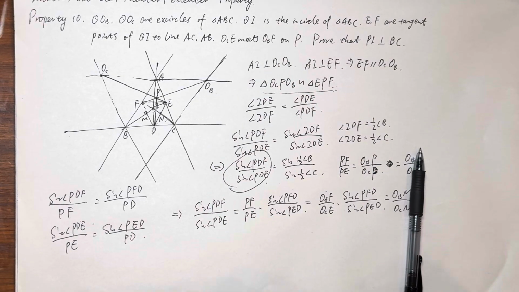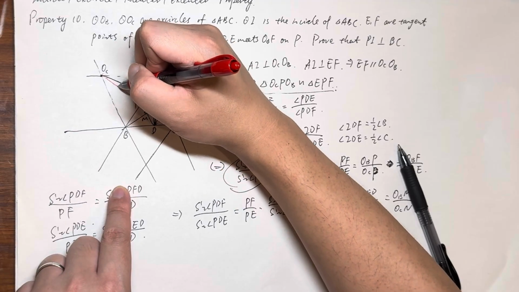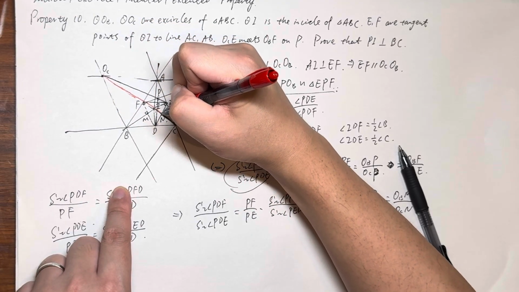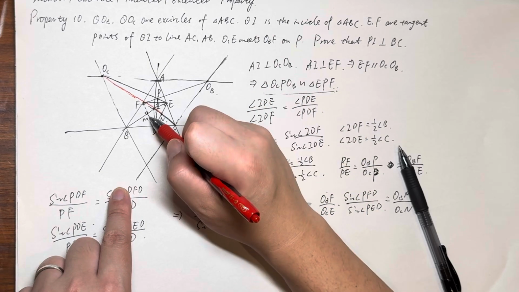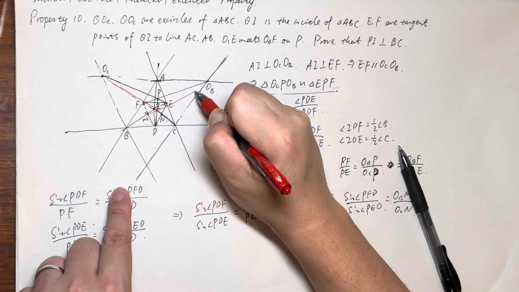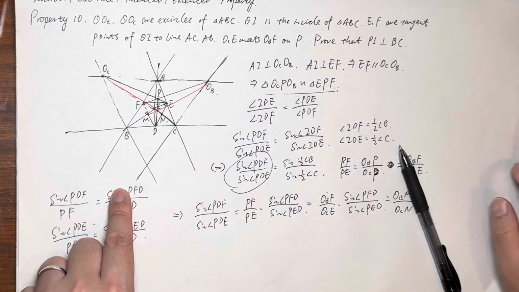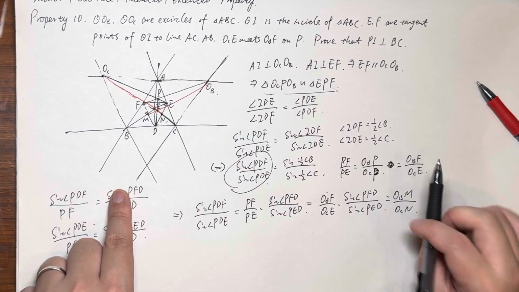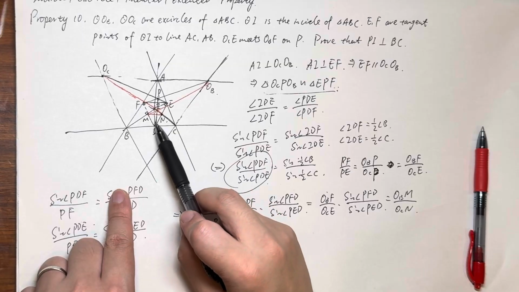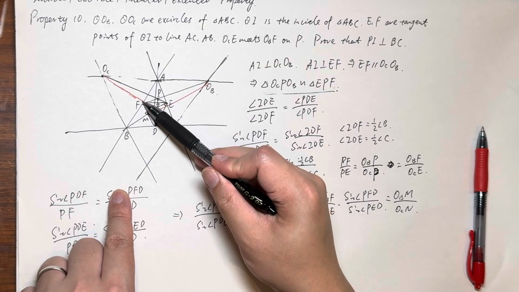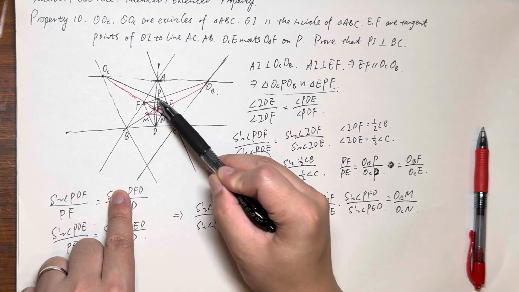So now we have something like this, right? O_BM and O_CN. Now we can connect MN. Think about M and N. M is actually the midpoint of FD, N is the midpoint of DE, so MN is parallel with FE.